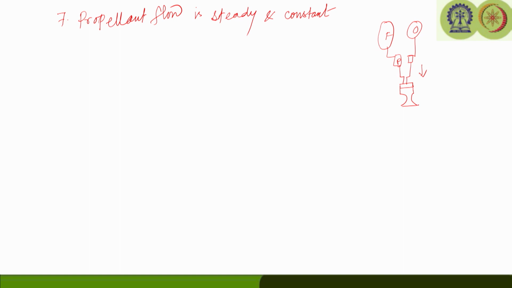The transient effects, like during the start or stop, there may be some changes in the flow rate of course, but we are neglecting the transient effect.